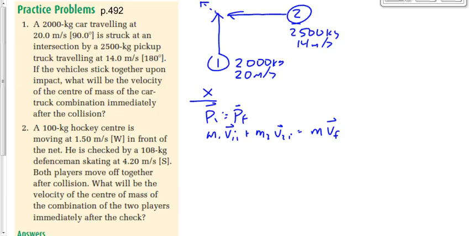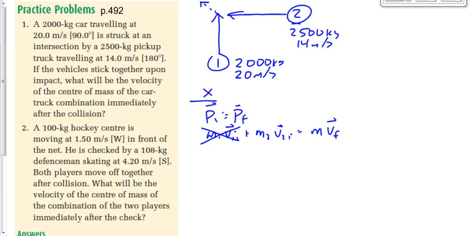Grant, what's the velocity of object number 1? 0. How come it's 0, Grant? It's not moving to the left or right.